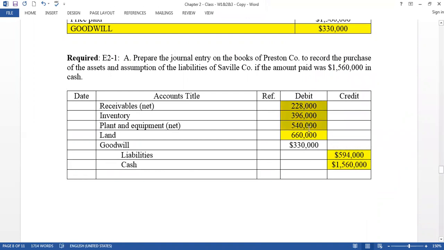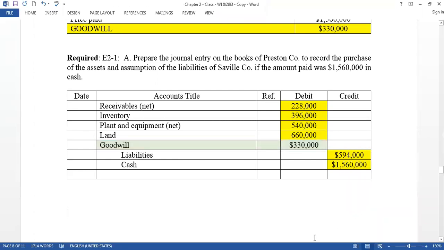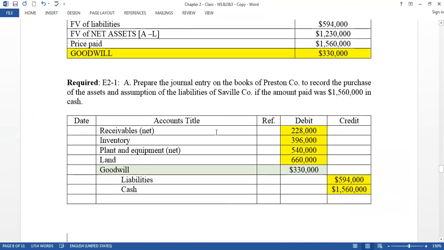So we buy their asset, we buy their liability, and we pay cash, and the difference is the goodwill. So this is the journal entry.